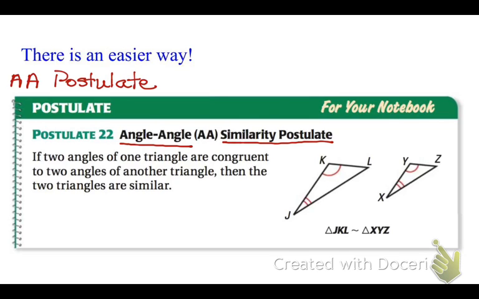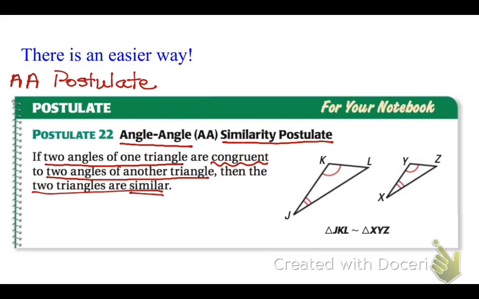Okay. What it says: if two angles of one triangle are congruent to two angles of another triangle, then the two triangles are similar. So let's take a look at that.